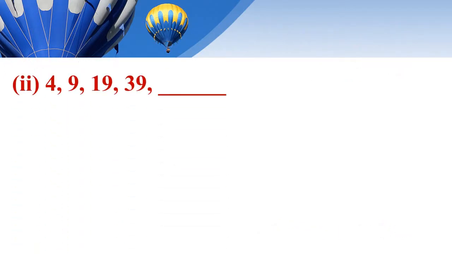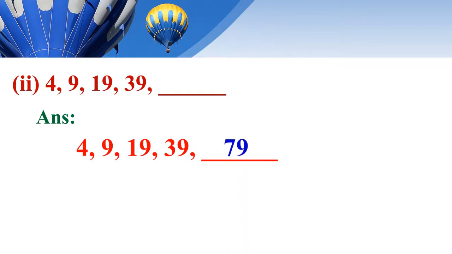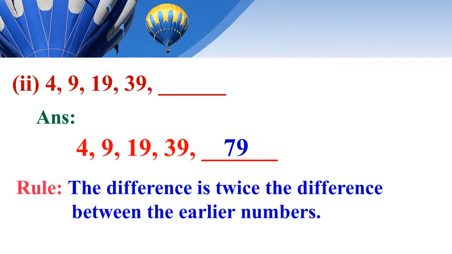Second problem, 4, 9, 19, 39, dash. Here the answer is 79. The rule is the difference is twice the difference between the earlier numbers. So for example, 9 minus 4 is 5. Twice of the 5 is 10.